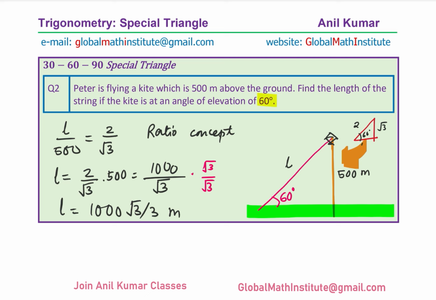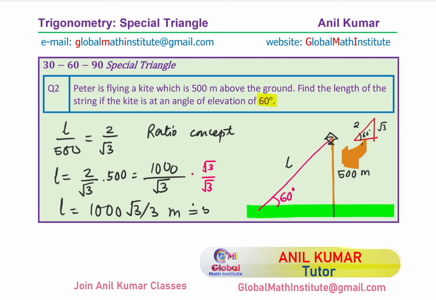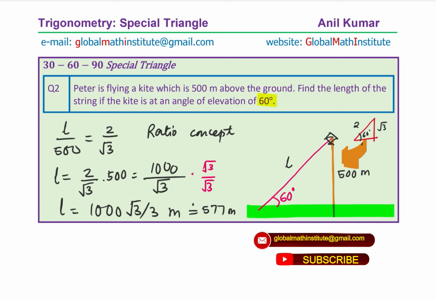If you want to calculate, normally the calculator is not allowed, but in case you are allowed and you need to find a decimal value equivalent to this, then this will be approximately equal to 577 meters. Makes sense, correct? So that is how easily you could actually solve the question using the concept of ratios.